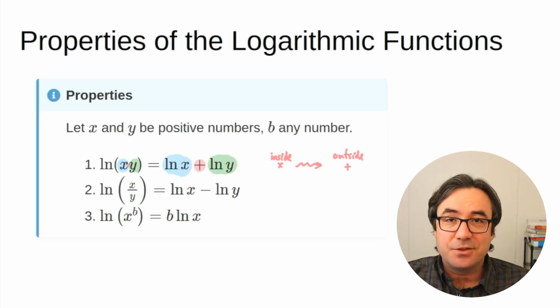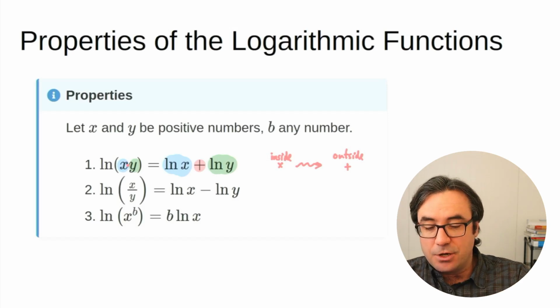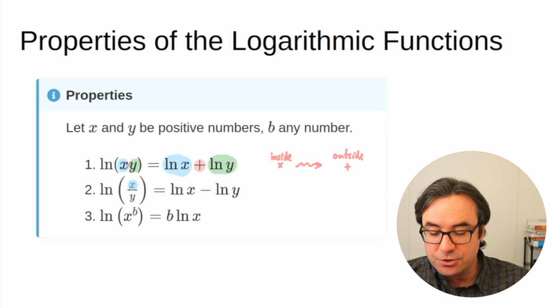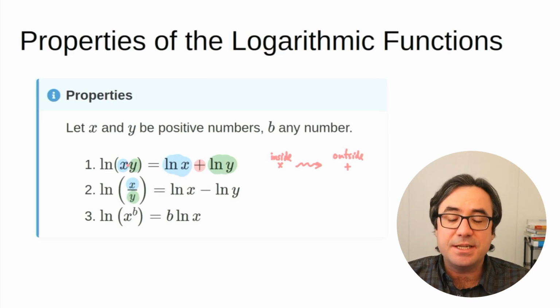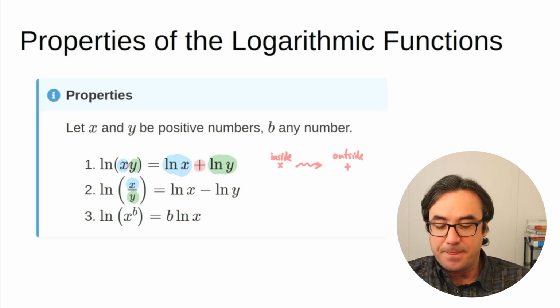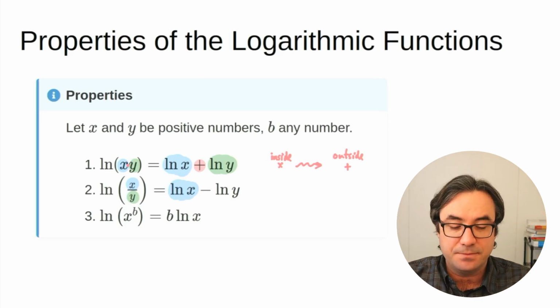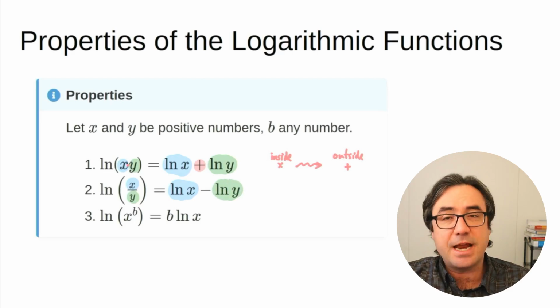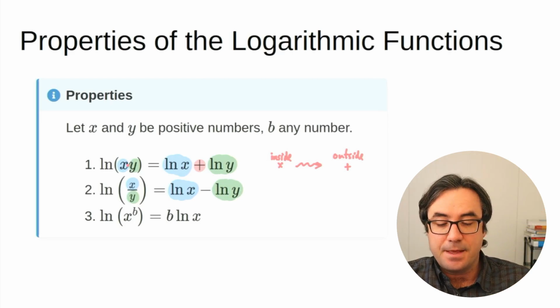And there's a similar property for division. So in the next property, we have natural log of x divided by y. And essentially what happens is this property converts it into the natural log of x, the natural log of whatever was on top of our fraction, minus the natural log of whatever was in the bottom of the fraction.